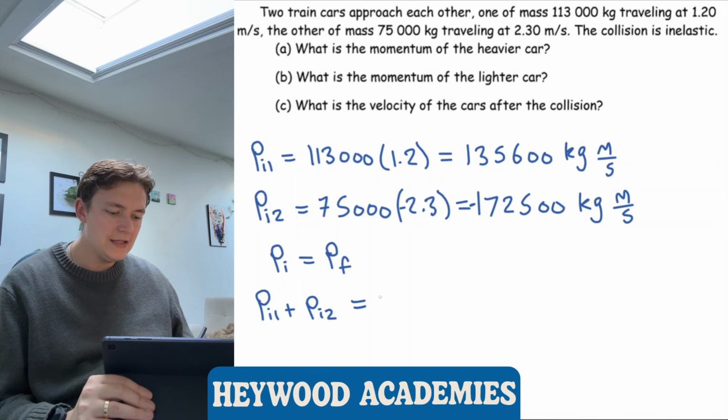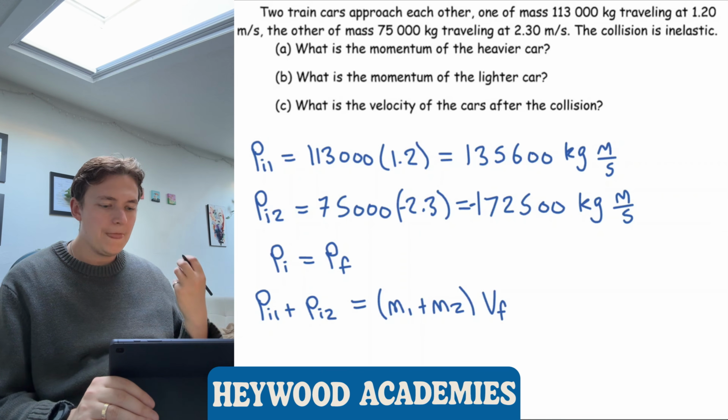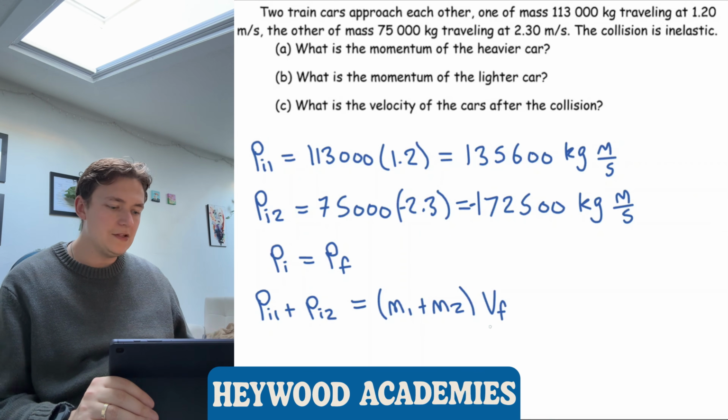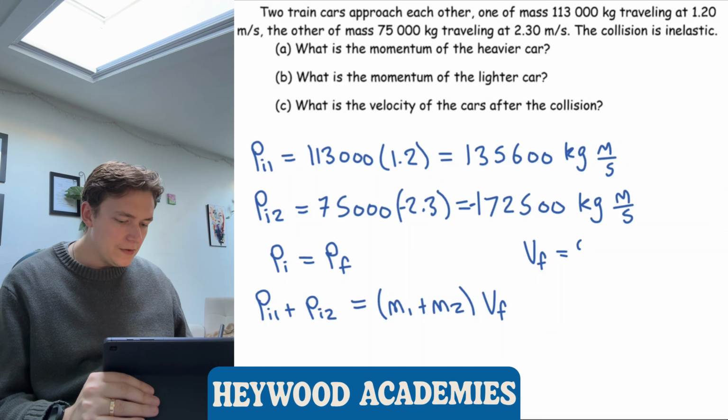Now in the final case, it's going to be the sum of those two masses times the velocity that they are moving once they stick together. So now we just need to take this equation and solve for that final velocity. If we do that, we'll get that the final velocity is equal to the sum of those two initial momentums divided by the sum of the masses.